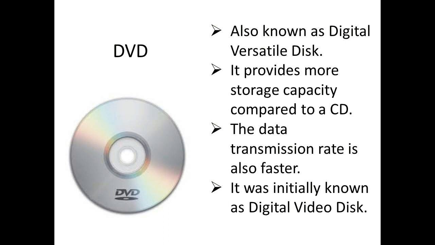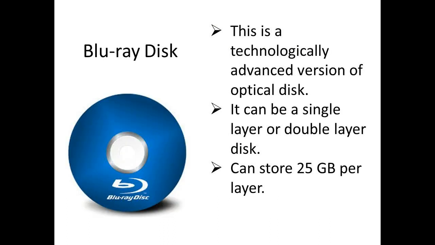The next type is the Blu-ray disc. What's the use of this one? This is a technologically advanced version of optical disc that is widely replacing CDs and DVDs. It can be a single layer or a double layer disc and can store 25 GB of data per layer.